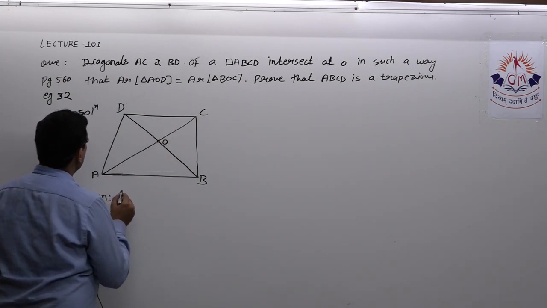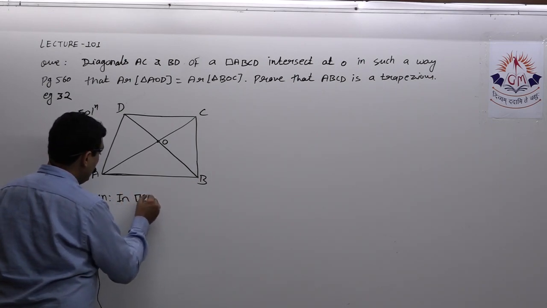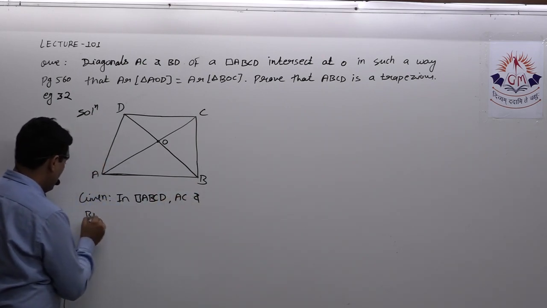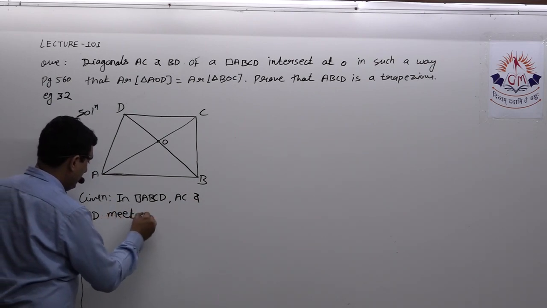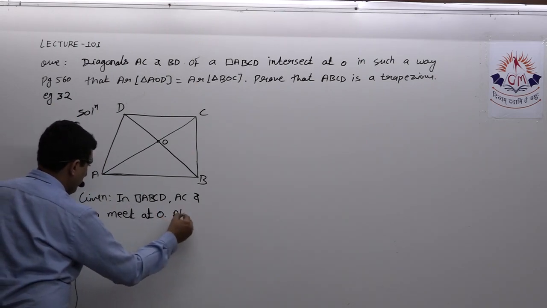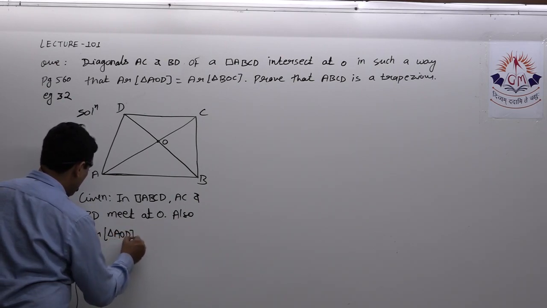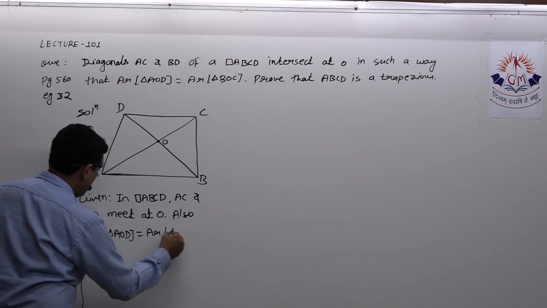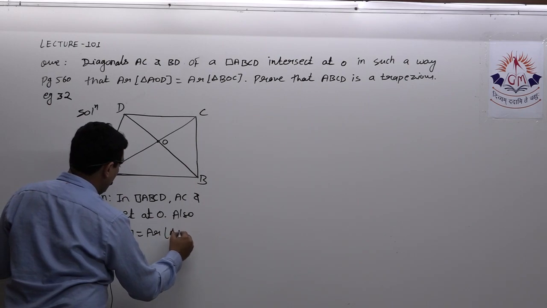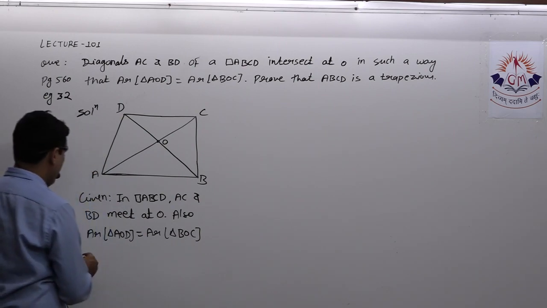So given, in quadrilateral ABCD, AC and BD meet at O. Also, area of triangle AOD is equal to area of triangle BOC.